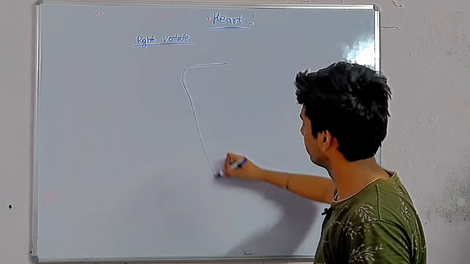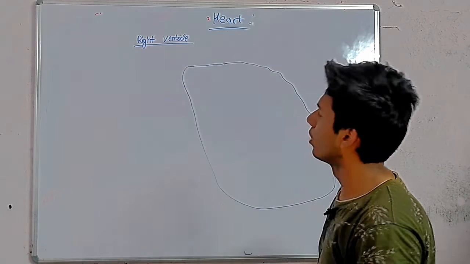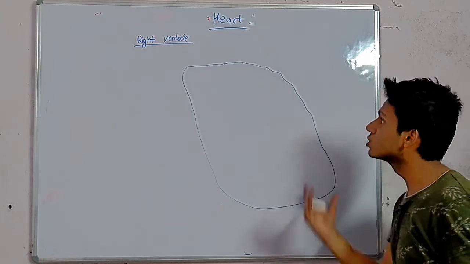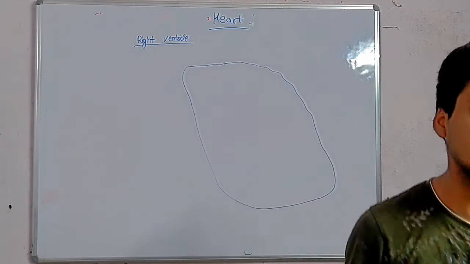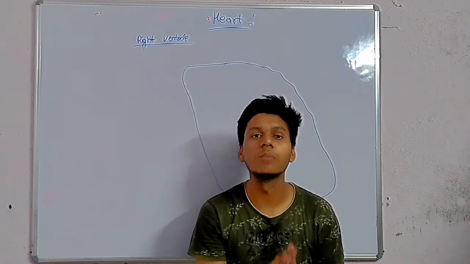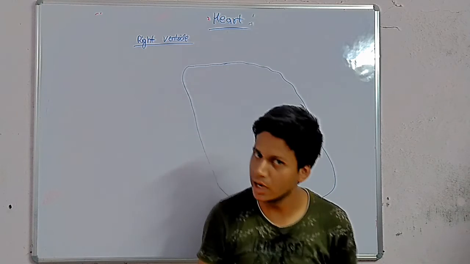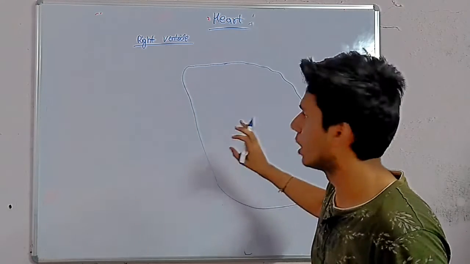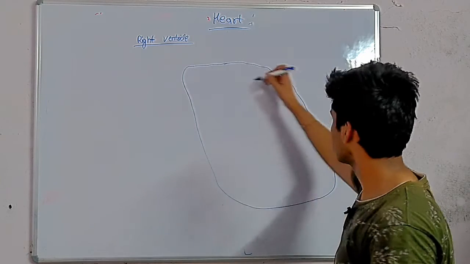Let's say this is the right atrium and this is the right ventricle. Remember, the atrium is partly smooth and partly rough, but the ventricle is wholly rough, except for some small portion where vessels form. So this is completely rough.